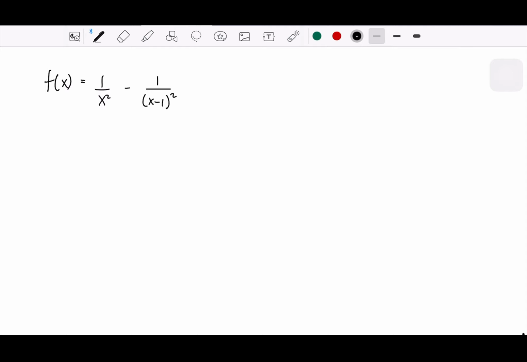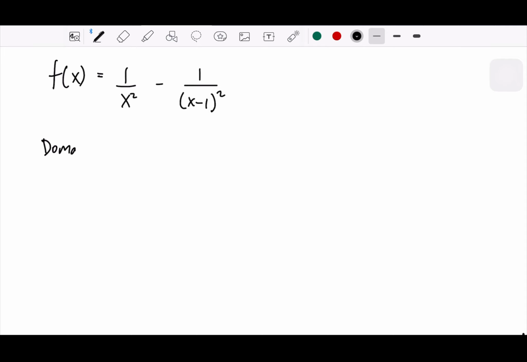Now there is something interesting when you try to do this sketching. When you try to find a critical number, you will not find any critical number. So that's quite interesting. Okay. But we are still able to draw the sketch of the curve. So first, let's check the domain.